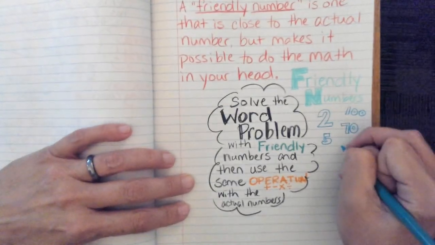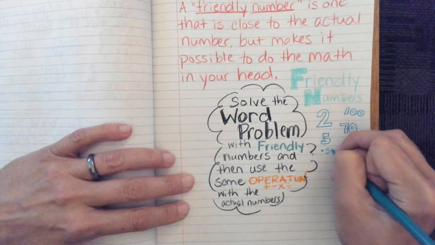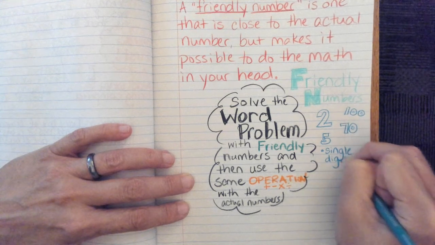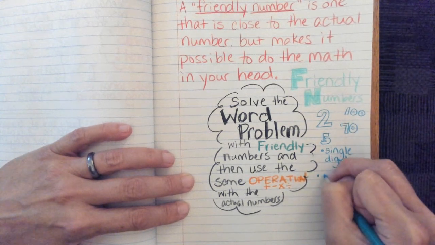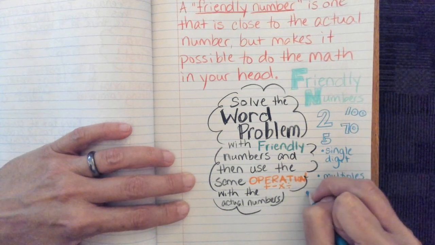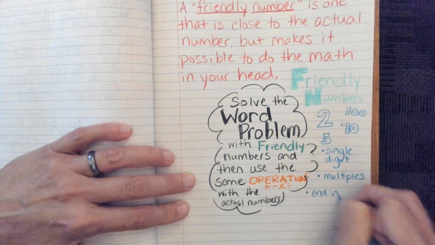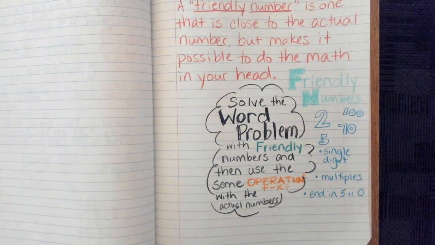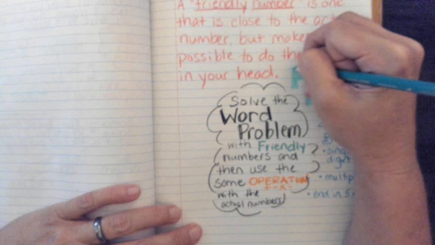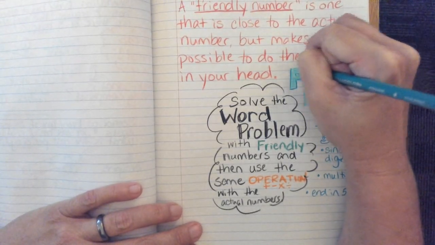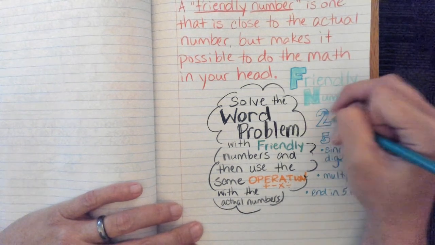Friendly numbers sometimes are single digit, sometimes they're multiples, or sometimes they end in 5 or 0, like multiples of 5. So that's one type.